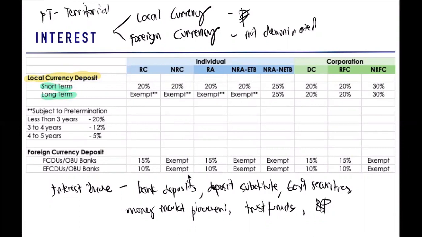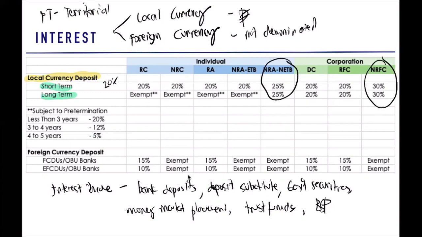For items of your residence and your NRA, ETB, and RC, all of them except NRA and ETB and NRFC, 20%. So except the two that we have discussed a while back and except this one, okay, 20%.